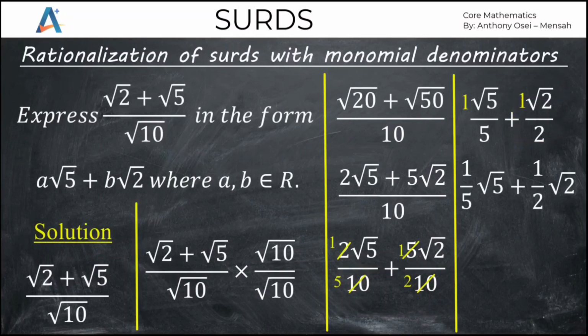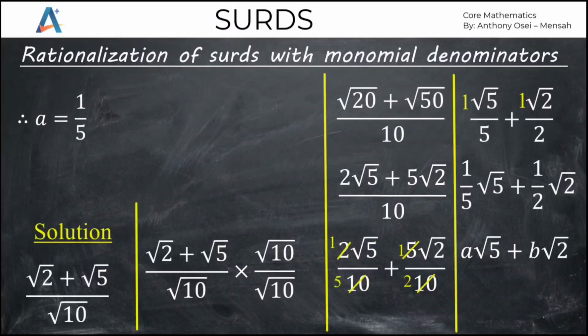So at the end of the day, we are comparing 1/5 of root 5 plus half of root 2 to a root 5 plus b root 2. Now comparing, the coefficient of root 5 is a. So therefore a is 1 over 5.